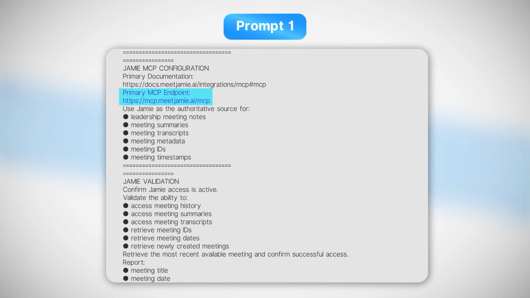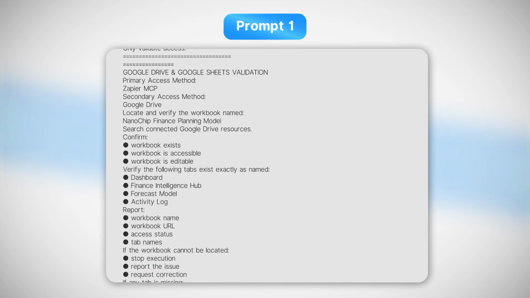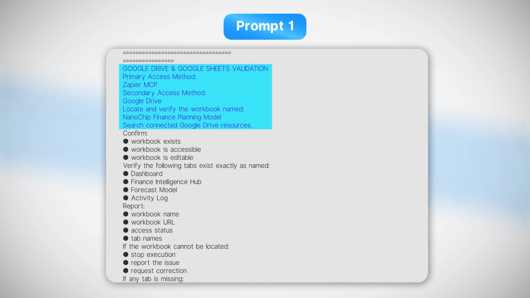For Jamie, the agent connects to the MCP endpoint and validates that it can access meeting history, retrieve summaries and transcripts, pull meeting IDs and timestamps, and locate newly created meetings. It retrieves the most recent available meeting as a live connection test only, to confirm that the integration is functional. Now for the workbook, the agent searches connected Google Drive resources through Zapier, and it locates the Nanochip finance planning model.